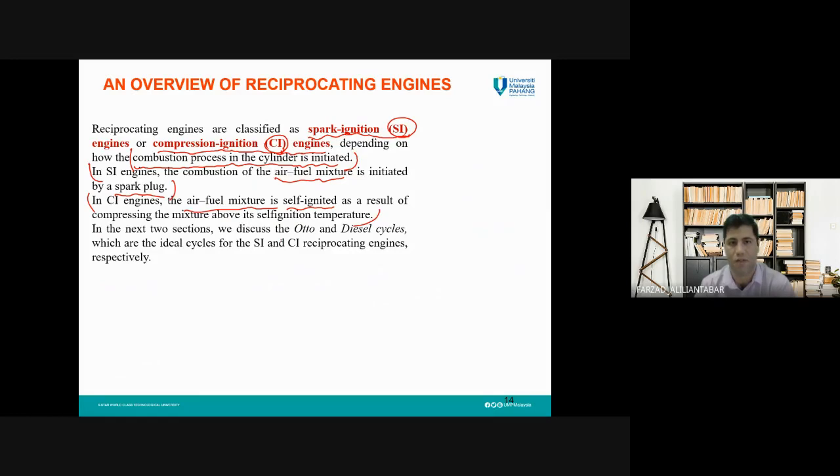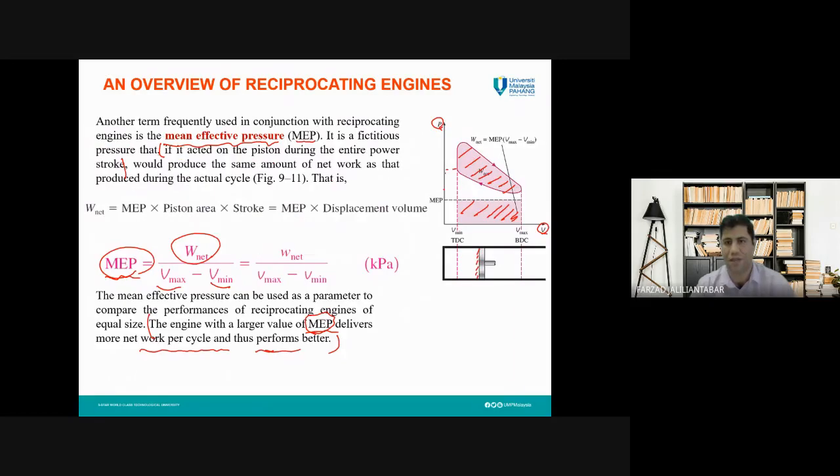First, I will introduce you to the Otto cycle in this session. In the next session, I will introduce you to the diesel cycle. The Otto cycle is the ideal cycle for SI engines. The type of engine is a spark ignition engine, and the cycle which is ideal for that is the Otto cycle. Again, the actual cycle is complicated.